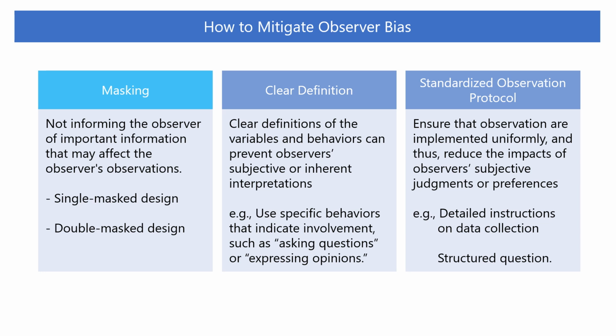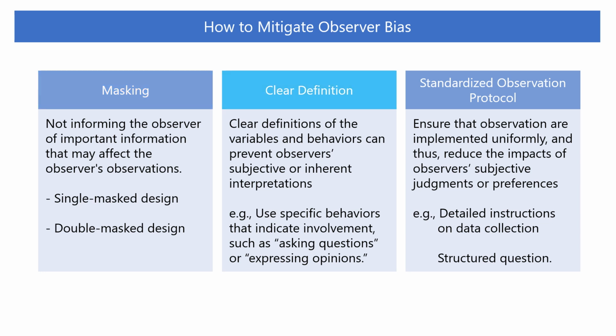For example, in a single masked design, the observer observes each participant without knowing whether they are in the intervention group or the control group. In a double masked design, both the observer and the participant are masked, so neither the observer nor the participant knows which group each participant is in.